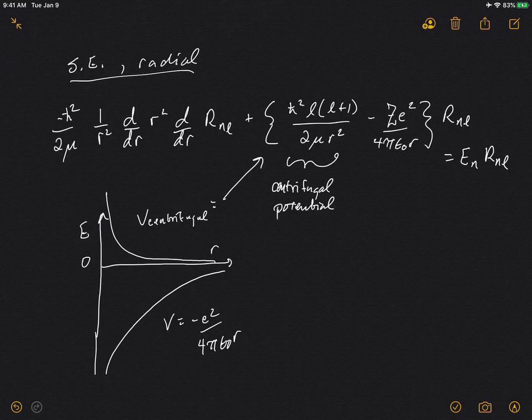So if we add them together, we end up with this kind of net potential that looks a little bit like that. And so we can see that, yeah, in some cases there's a little bit of, you may be able to support states in this sort of potential well.